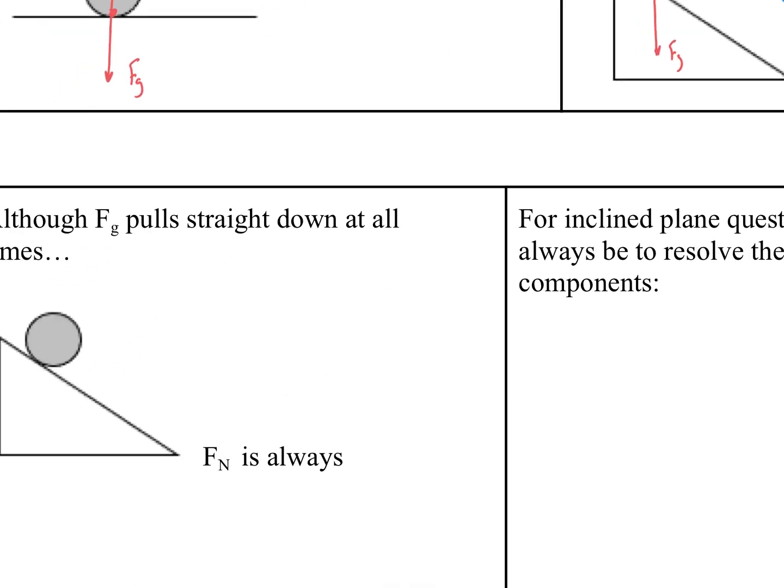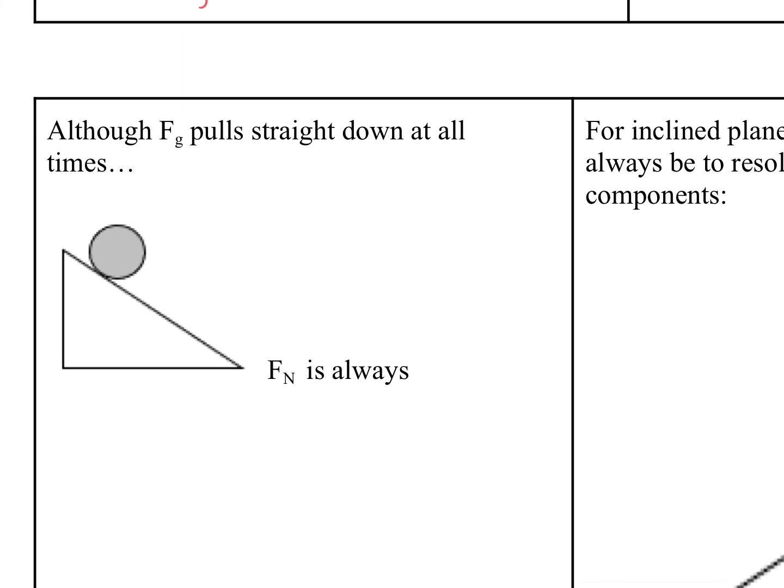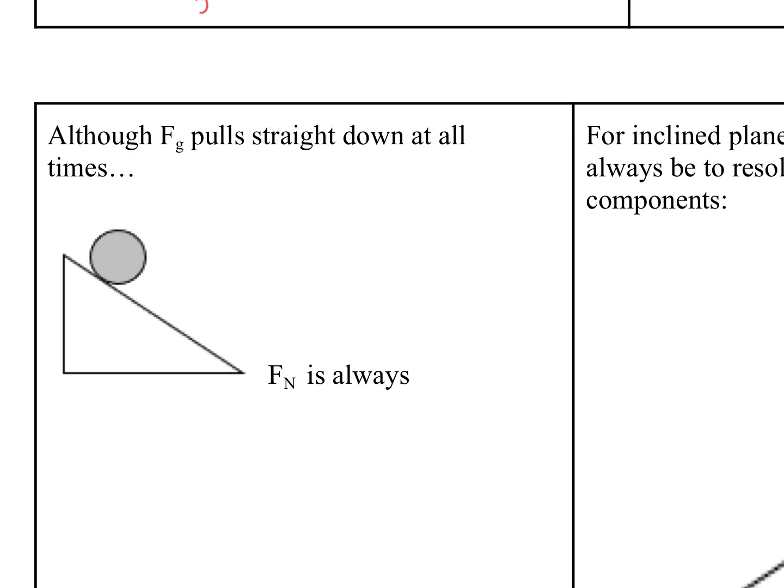So when we start analyzing this, the force of gravity always pulls straight down. So we have to make sure we always draw this pointing straight down. There's the FG. The normal force is always going to be perpendicular to the surface. So that always has to be true.